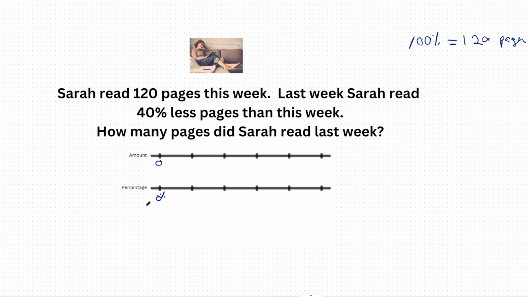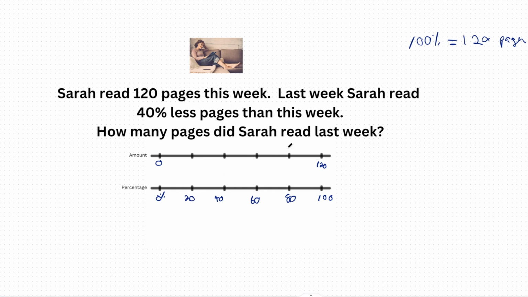And this time I'm going to go up by, let's see, we need to get 40%, so I'm going to go with 20%, and then 40%, 60, 80, and then 100. And again, I know that 100% of this week is 120, so this is going to be 120. Now we need to get how much 20% is.